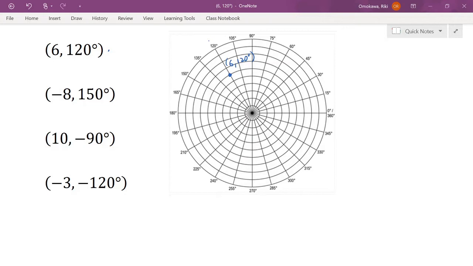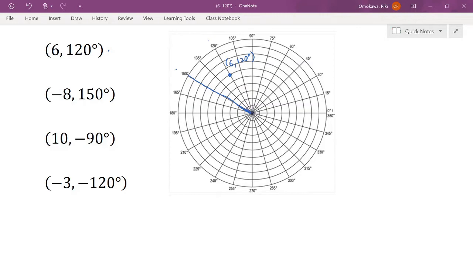But then the next one, there's something weird going on. It says -8. So what is a negative radius or negative distance? -8, and then the angle is 150 degrees. So what you do is you first start out by going to 150 degrees, so here, right? And usually, if the radius was positive, the point would be along this line somewhere. But now this negative distance means we go backwards.